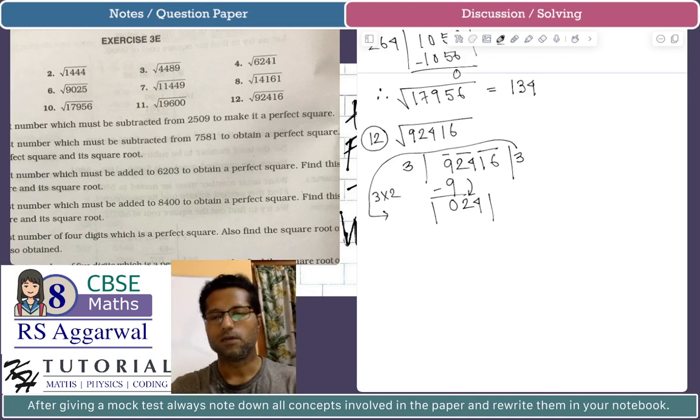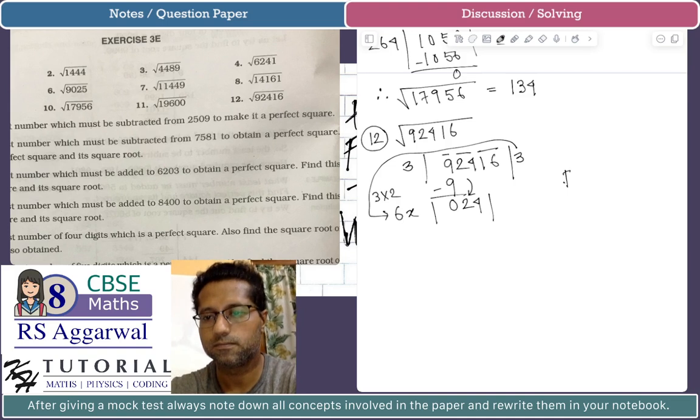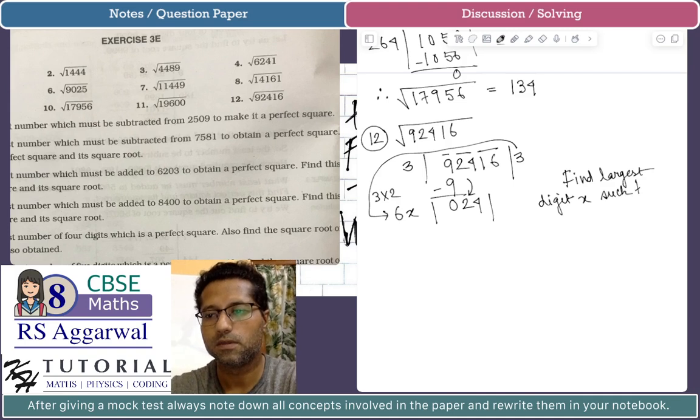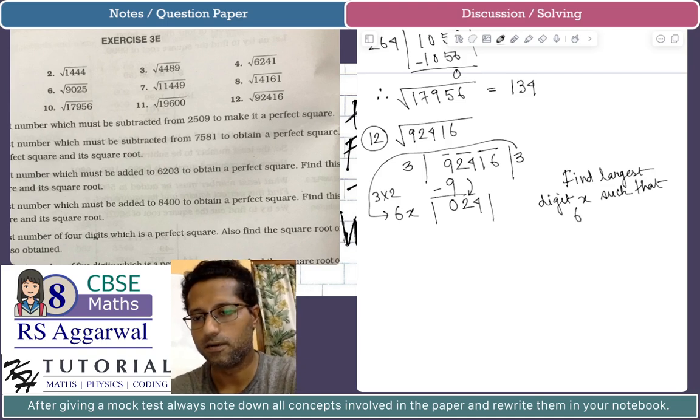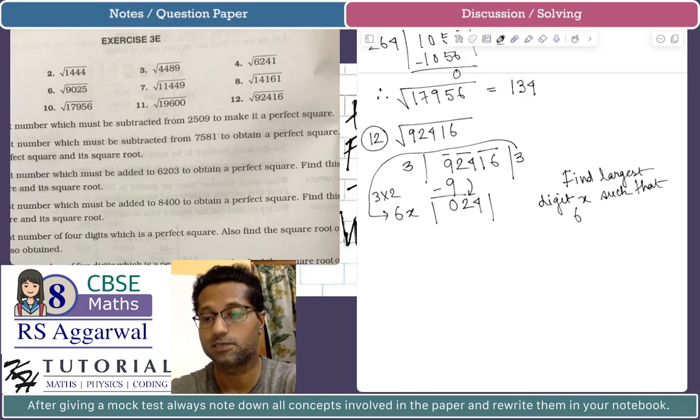Now we have to find the largest digit x over here, such that 6x, that is the two-digit number, where the digit at the tens place is 6 and the digit at the units place is x, multiplied by the digit x itself should be less than or equal to 24.